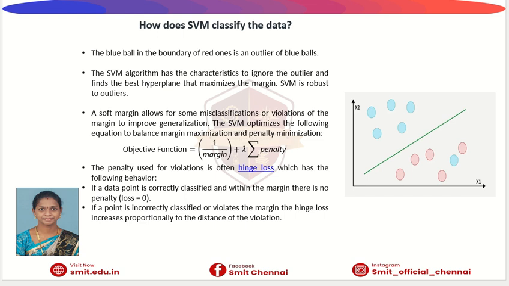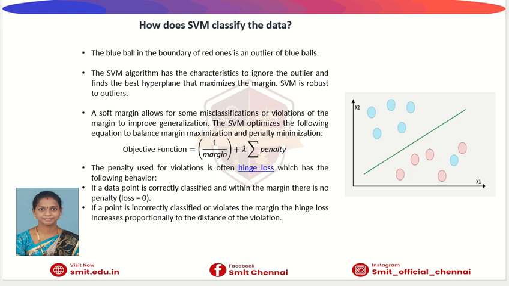How does SVM classify the data? The blue ball in the boundaries of the red ones is an outlier. The SVM algorithm has the characteristic to ignore the outliers and find the best hyperplane that maximizes the margin. SVM is robust to outliers.